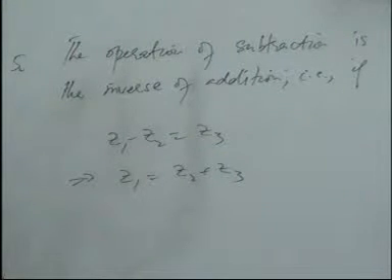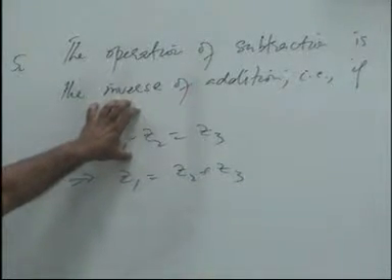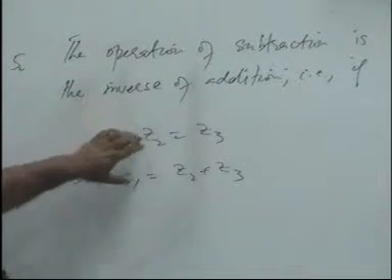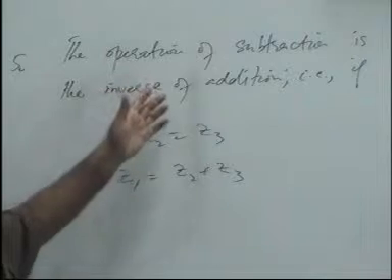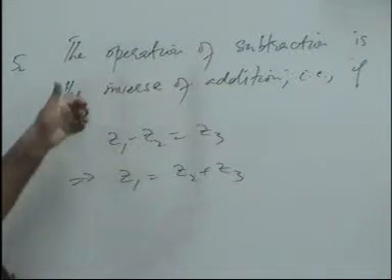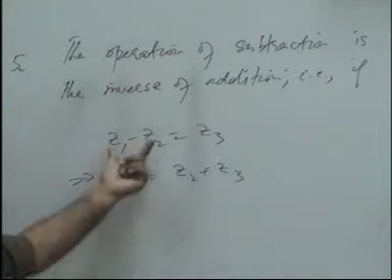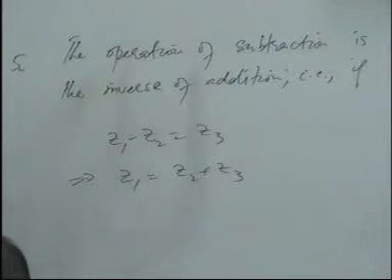Means if we add Z2 on this side and Z2 on this side, we can see that on the left hand side minus Z2 and plus Z2 becomes 0 by the definition, and this is Z1 is equal to Z2 plus Z3. So subtraction is nothing, it's just inverse of the addition.